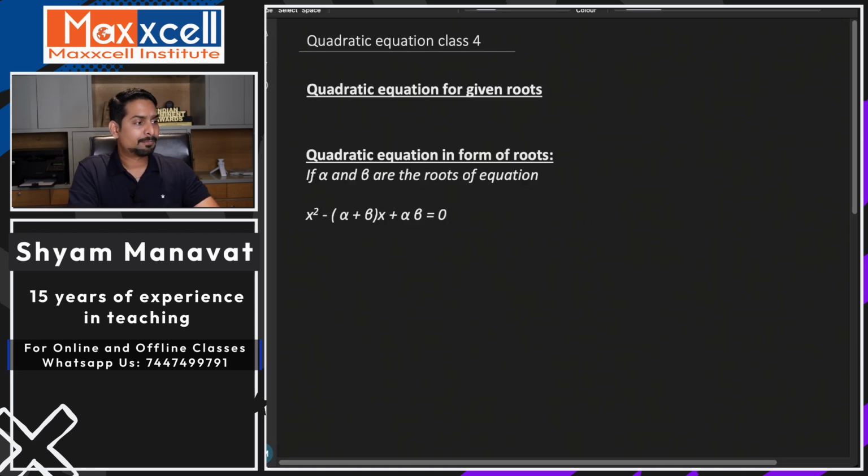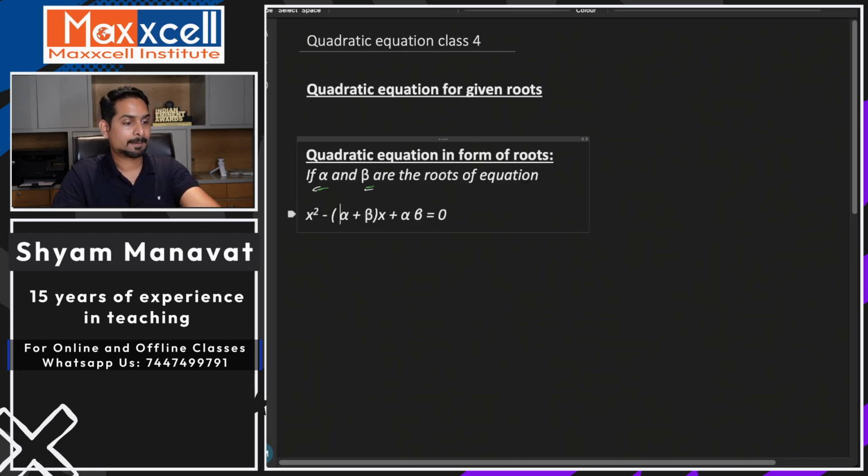So if the roots are alpha and beta, some symbol, don't get scared of this, then the equation can be written in the form of x square minus (alpha plus beta) x plus alpha into beta equals 0.